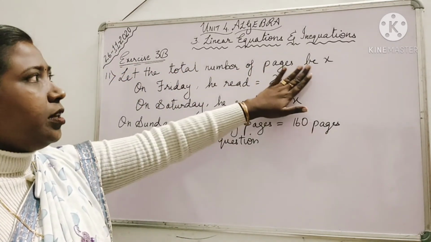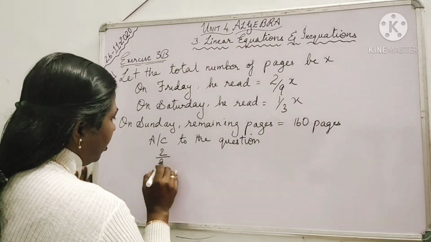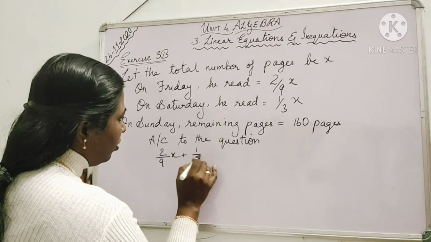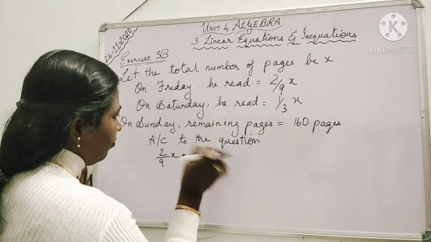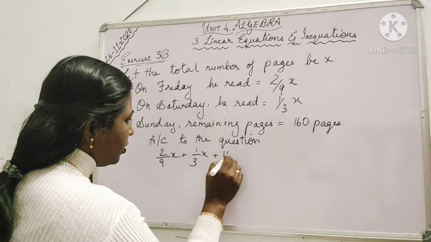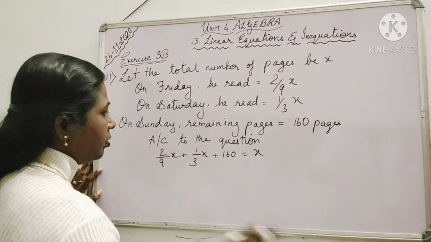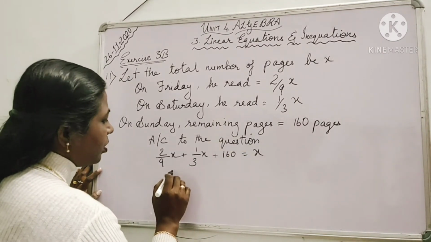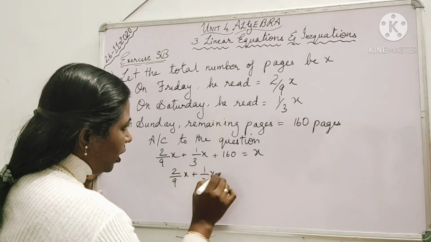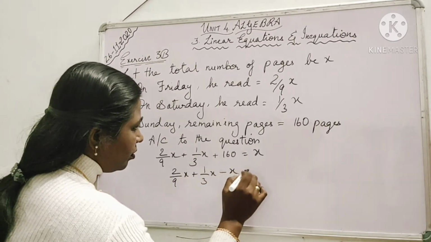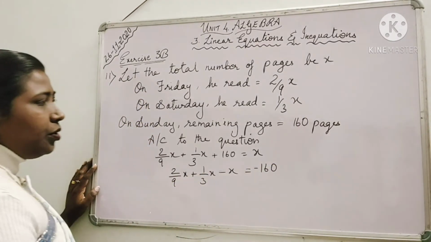So I can write 2 by 9 x plus 1 by 3 x plus 160 is equal to x. Then you can take this x to the other side. So 2 by 9 x plus 1 by 3 x minus x is equal to minus 160. Clear, students?